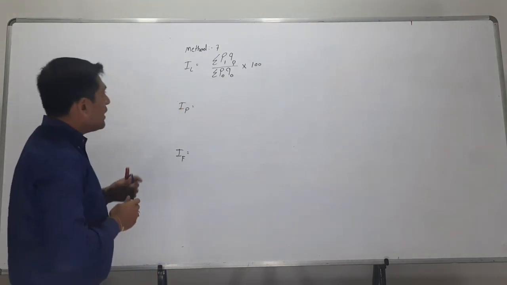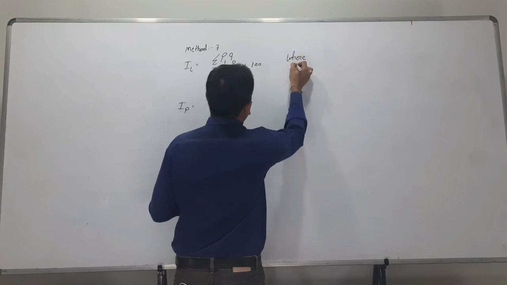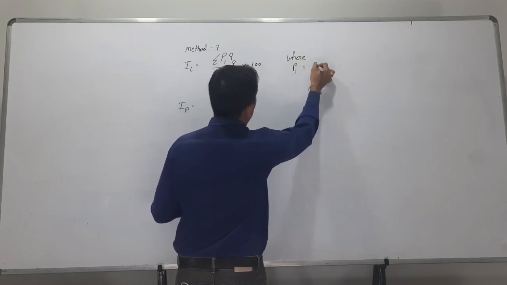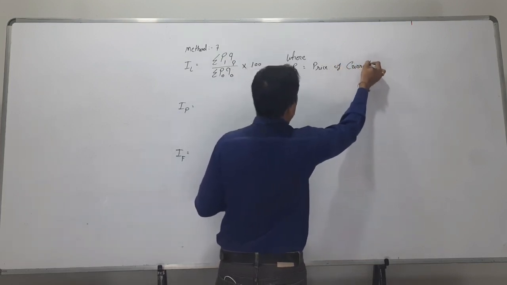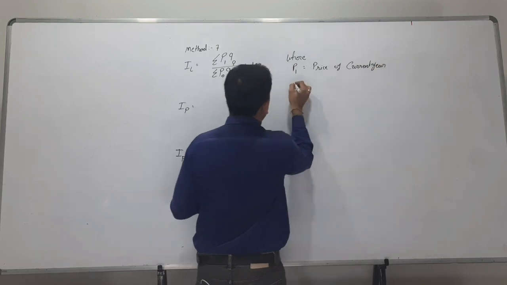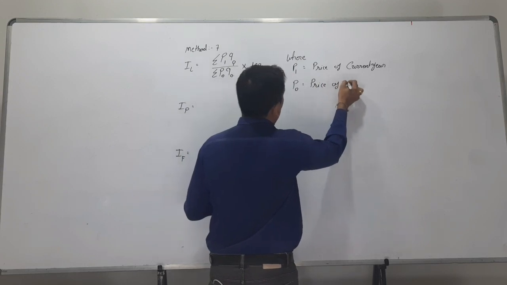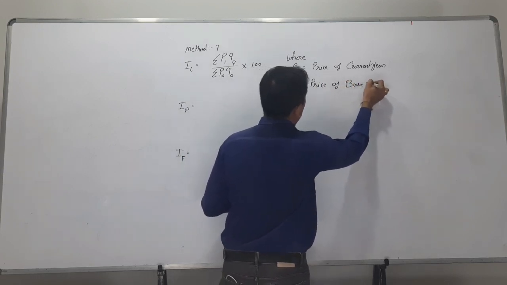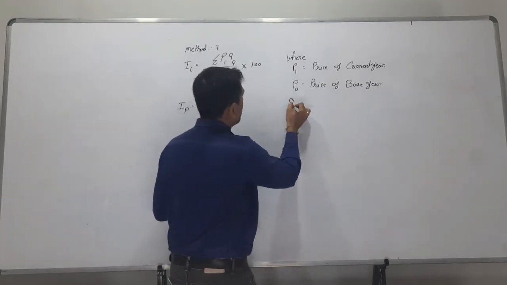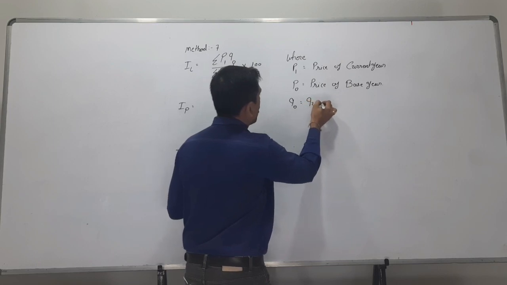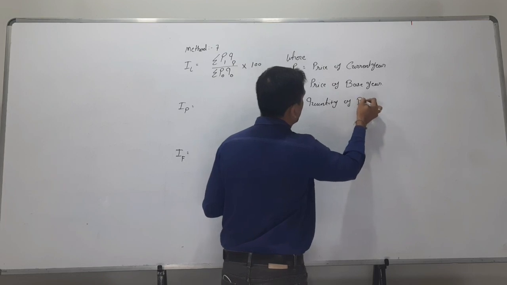What is P1, what is Q0, what is P0 and what is Q0? See here, you can write P1 is equal to price of current year, P0 is equal to price of base year, or you can say fixed year, and Q0 is equal to quantity of base year.